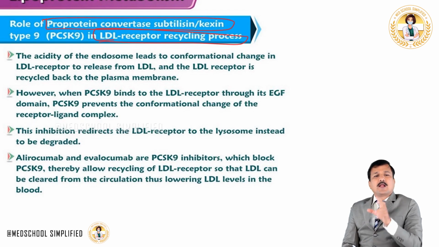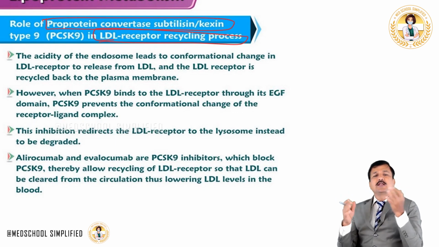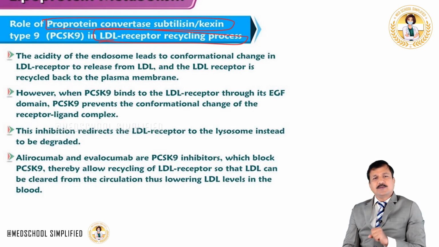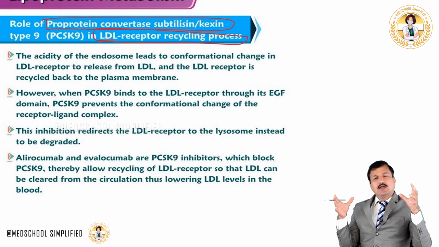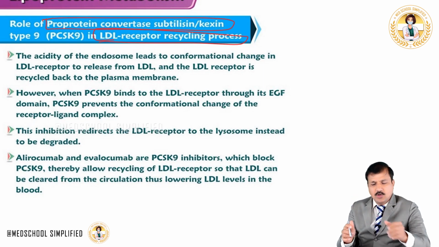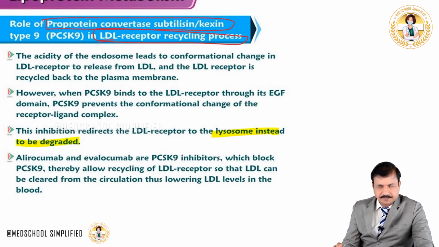Thereby when LDL receptor levels are decreased over the surface, that will lead to a decrease in the uptake of LDLs from the circulation. So the LDLs will stay back in the circulation, and that causes hypercholesterolemia. Because PCSK9s inhibit that hairpin loop conformation in the LDL receptor and allow the LDL along with the LDL receptor to be degraded by lysosomal enzymes.